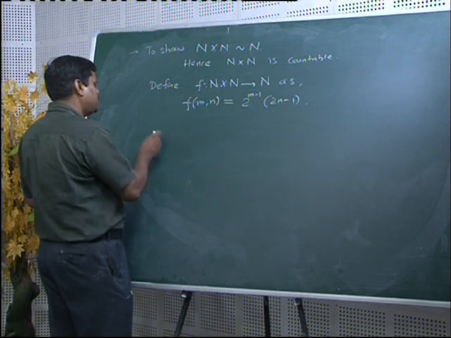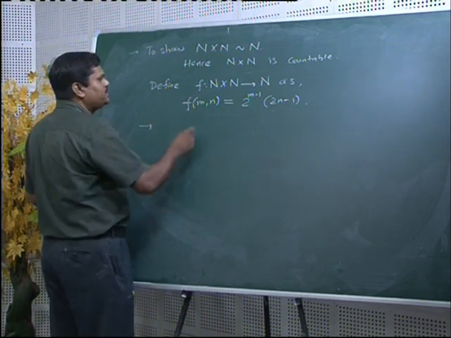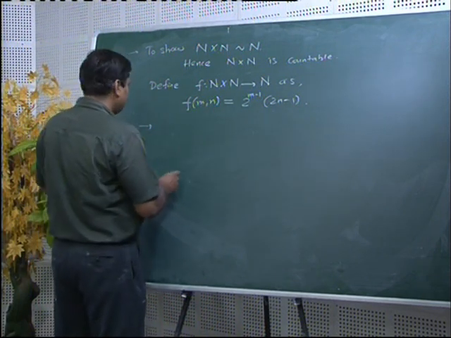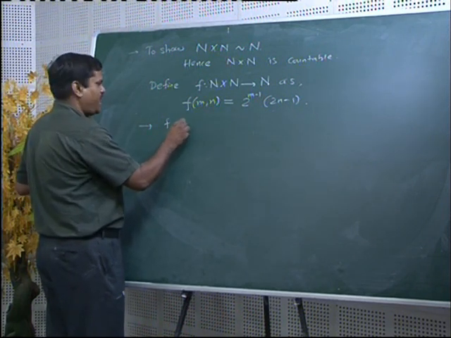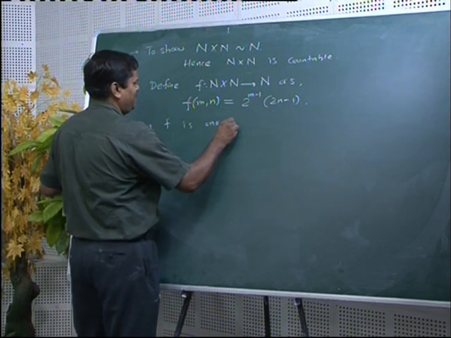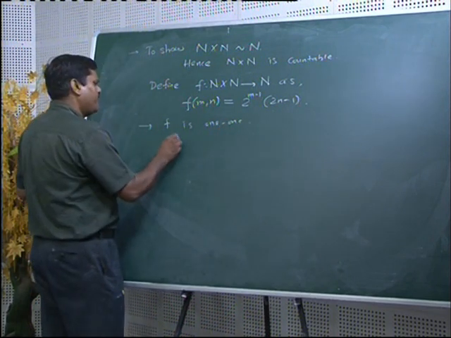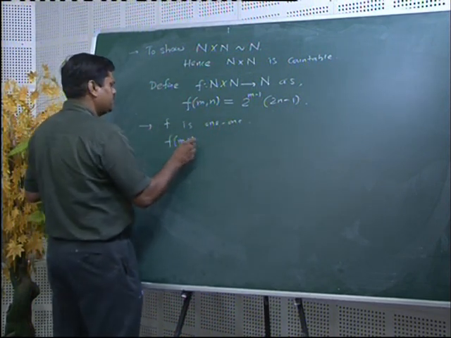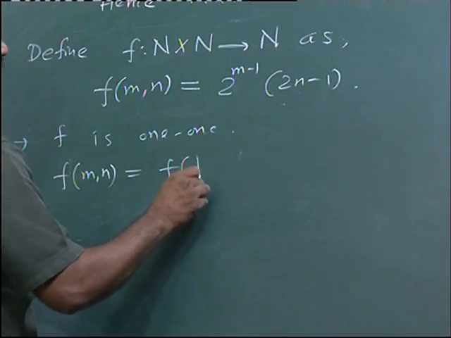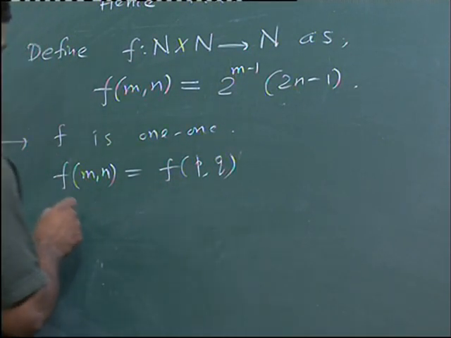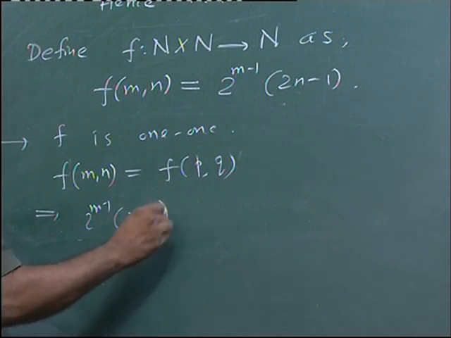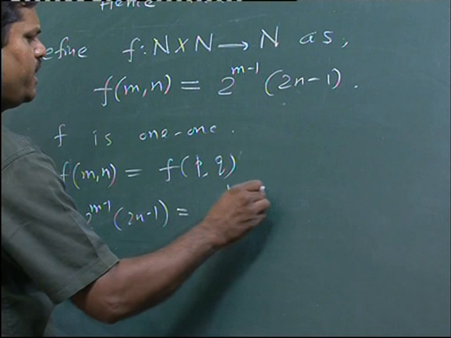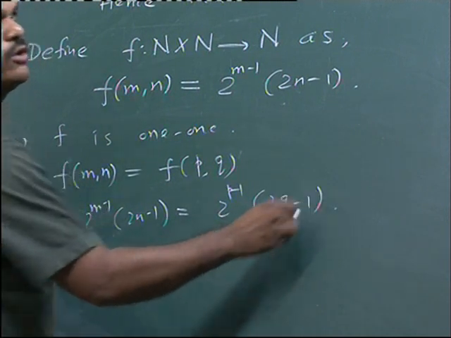So, it is a simple exercise, but as it is a Cartesian product I will prove why it is 1 1. f is 1 1. See, f of m comma n, this is one value, f of p comma q, another value. This implies 2 raised to m minus 1 into 2n minus 1 is equal to 2 raised to p minus 1 into 2q minus 1.